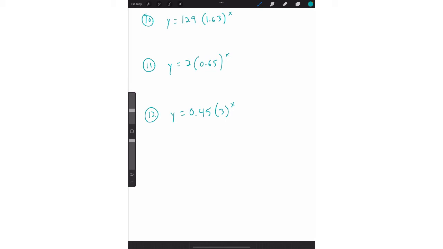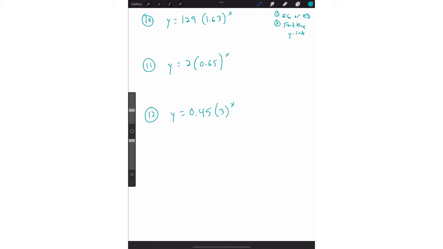So that's step one. Step two is to find the y-intercept. First, let's find exponential growth or exponential decay.